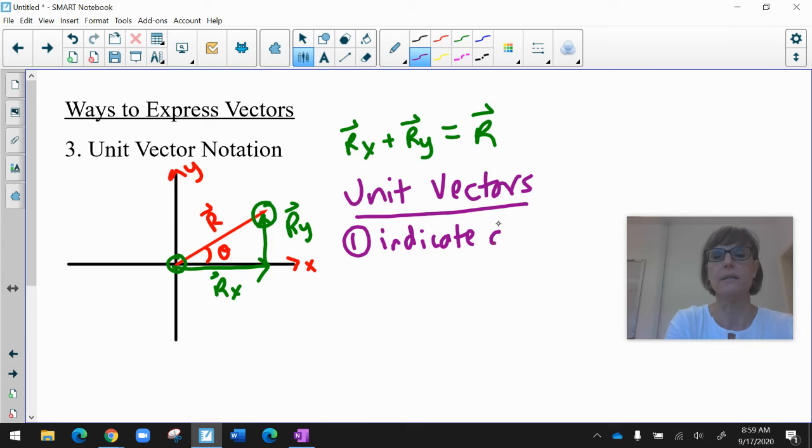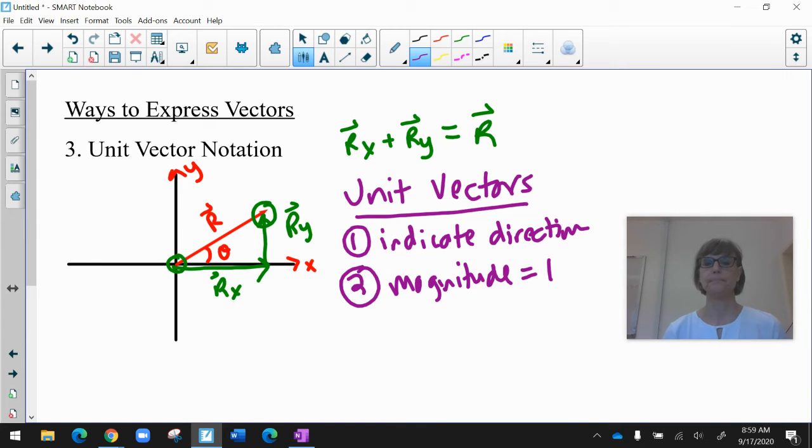That's all it does. And because it's a unit vector, it has a magnitude equal to 1. Remember I can multiply anything by 1 and that doesn't change anything about it. It doesn't change the length, it doesn't change the direction.